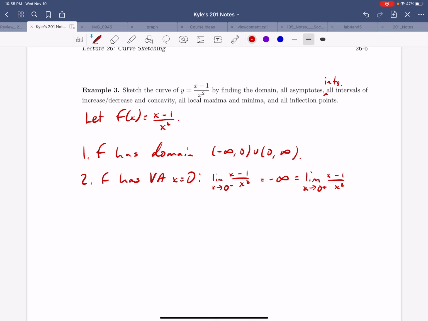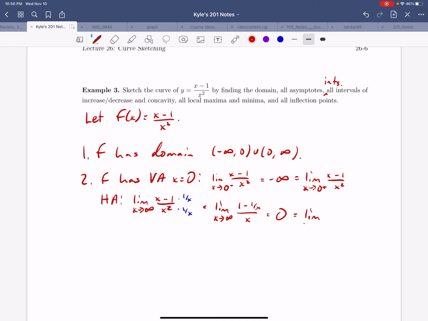For the horizontal asymptotes, we take the limit as x approaches infinity and negative infinity. Let's do infinity first. Maybe we can just see that, again, multiply the top and the bottom by 1 over x. So you get 1 minus 1 over x, and we see that that's going to equal 0.